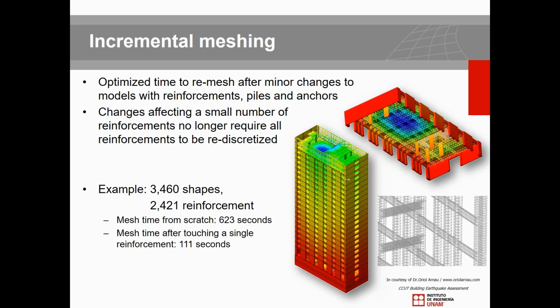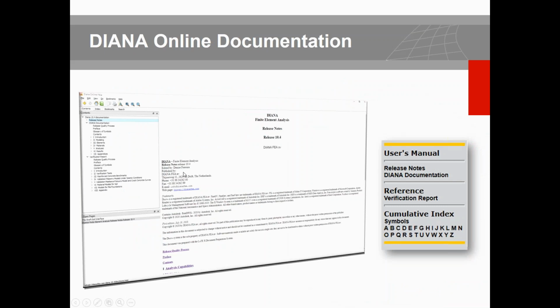So it automatically searches, it finds the parts that are modified, and it only remeshes those small and individual parts and some adjacent and affected parts. This way, you don't need to go for remeshing the whole model from A to Z. This is very powerful, very useful in order to save time and speed up your modeling process.